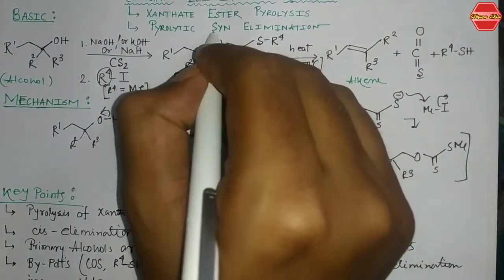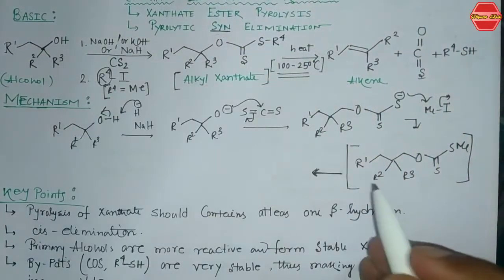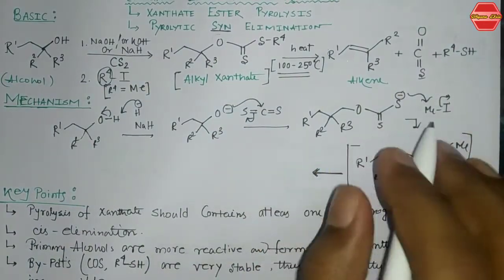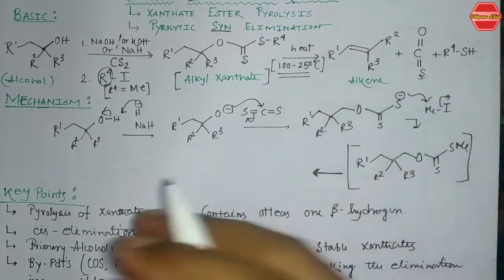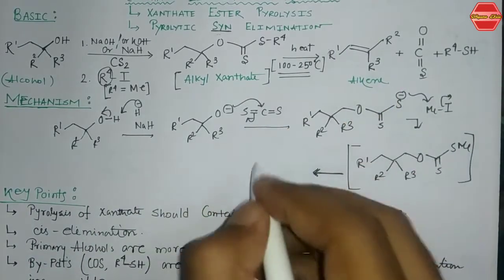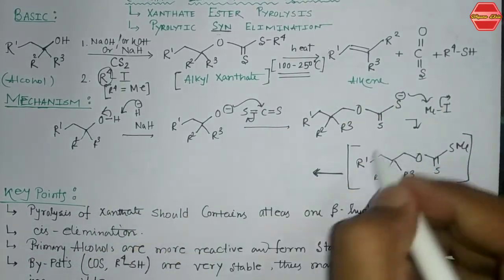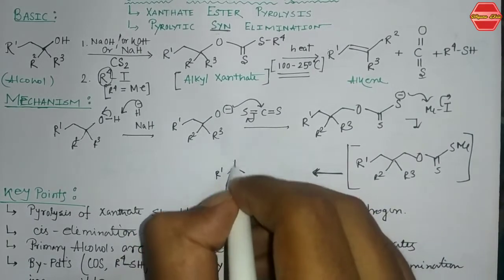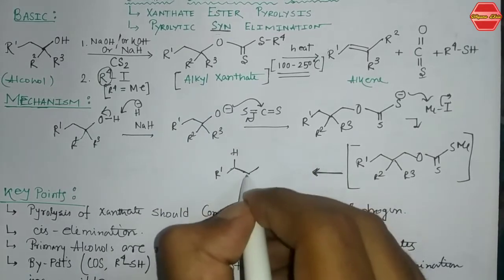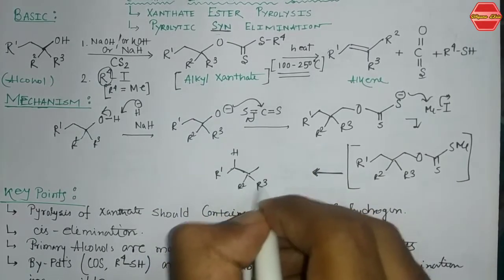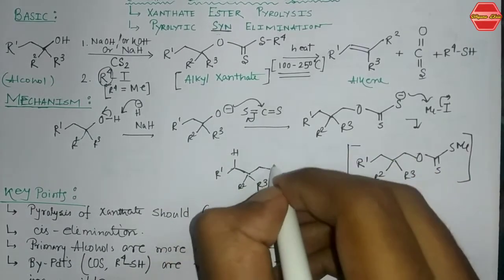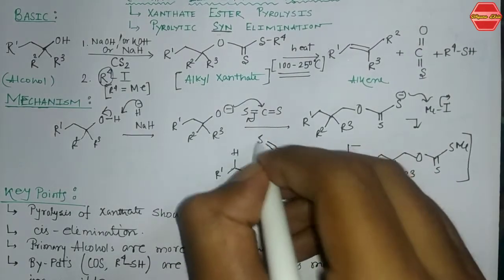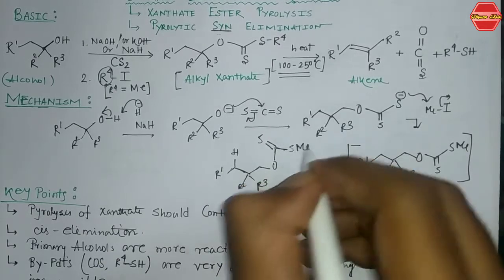Now from the name you can see that it is a syn elimination. So syn denotes that the compound should contain at least one beta hydrogen. You can write this structure in this way: that is your R1, that is your hydrogen over here, that is your R2 and R3, this is your oxygen, this is your sulfur, and this is your SMe.